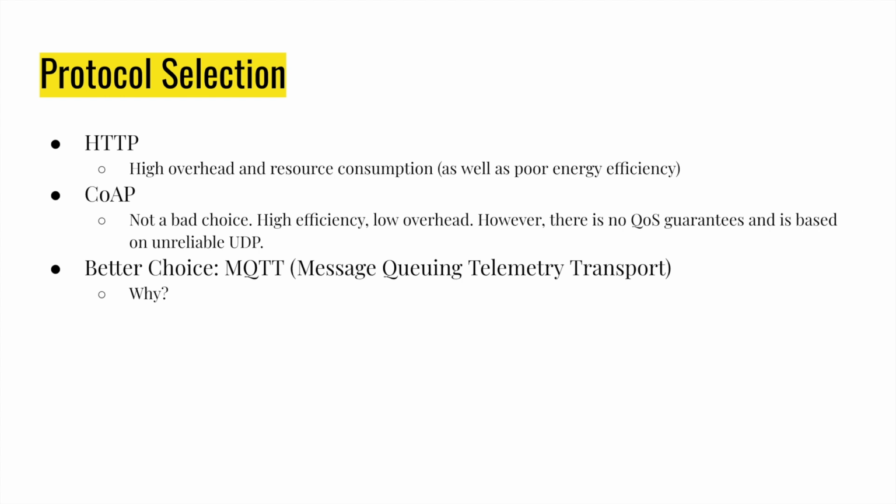Okay, so for protocol selection, actually HTTP was my original first choice because I've built a number of RESTful APIs for web applications in the past, so I'm already pretty comfortable with it. However, upon further review, we realized that because HTTP is not designed for IoT projects, it can create a lot of unnecessary overhead, and it can have poor energy efficiency.